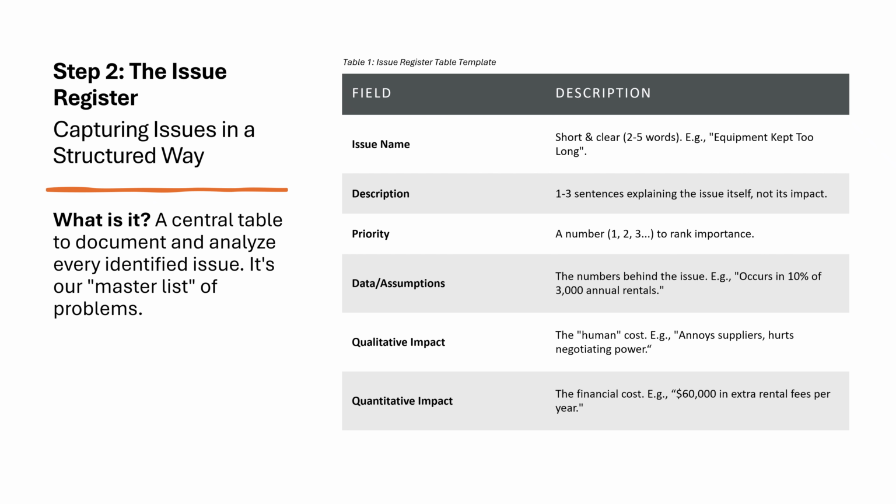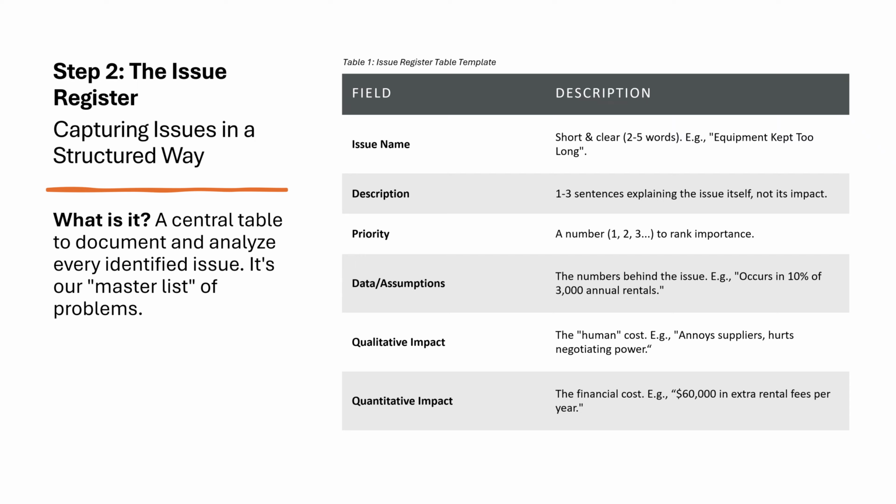The issue register is our master list. It's a central table designed to transform qualitative complaints into structured, analyzable data. As you can see, it requires key fields for every issue. Beyond a simple name and description, we captured the data assumptions, the numbers behind the issue.